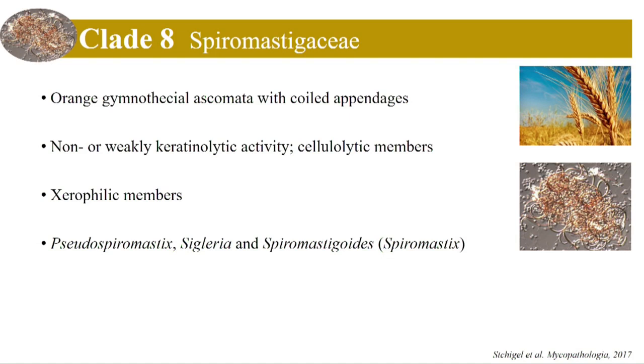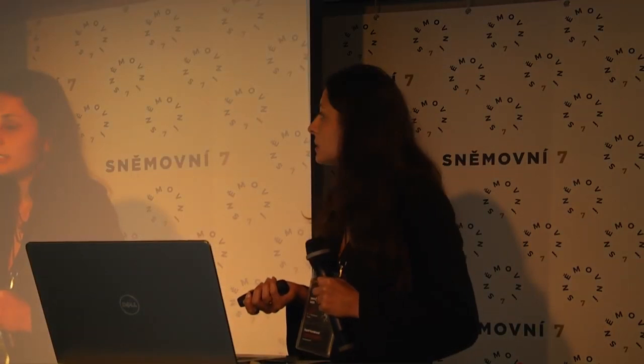And the 8th clade was Spiromastigaceae. It also has orange ascomata, but it has curved appendages, as you can see here. The importance of this family is that the members are cellulolytic, or they are very weakly keratinolytic.